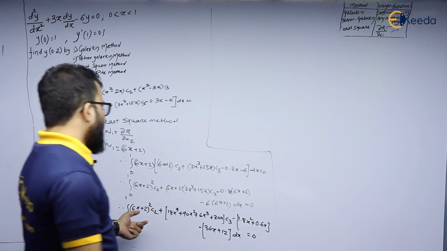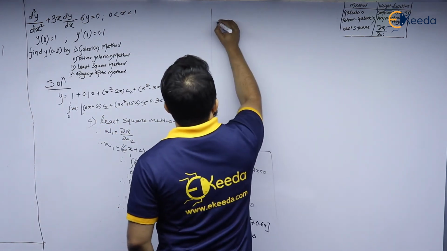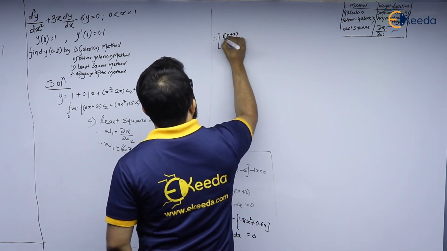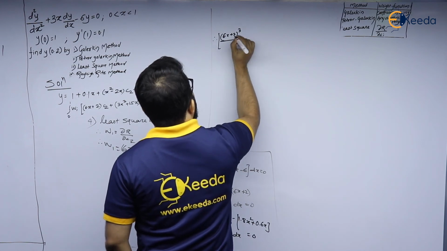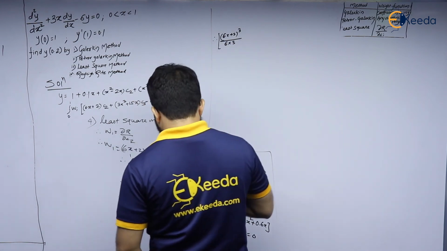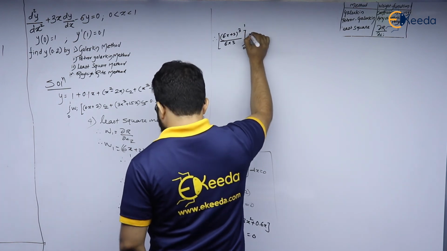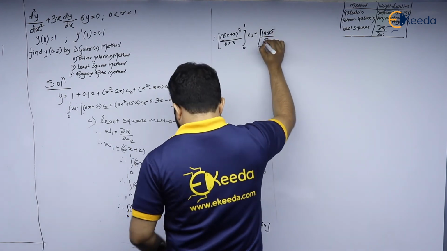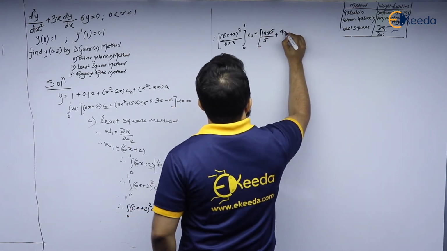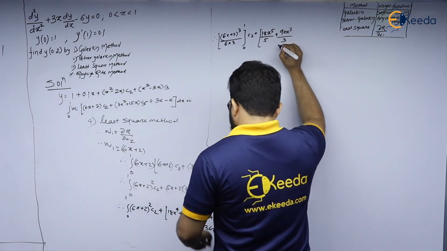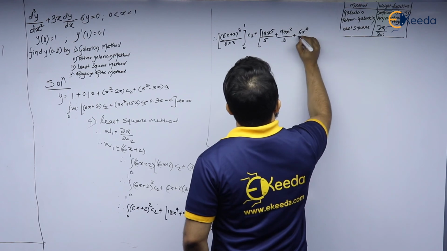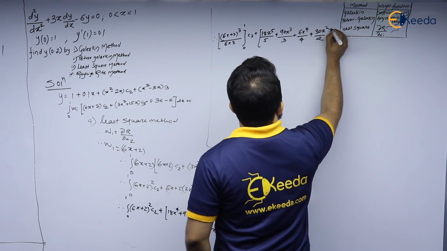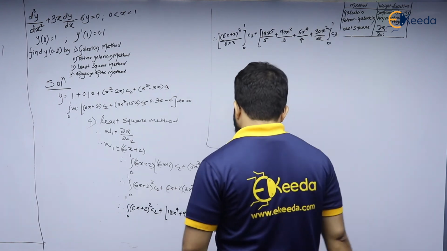So now I will do the integration of this term. After integration of this term, you will get (6x+2)^3 upon 3, but the coefficient of x is 6, 0 to 1 into C2 plus 18x^5 upon 5 plus 90x^3 upon 3 plus 6x^4 upon 4 plus 30x^2 upon 2 into C3, 0 to 1.